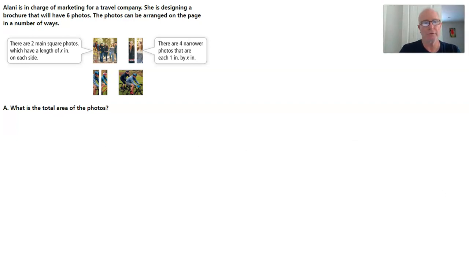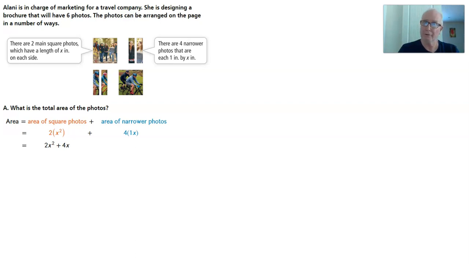Well, the total area is going to be the area of the square photos plus the area of the narrow photos. So the area of each square photo is x by x, or x squared, and there's 2 of those. The area of each smaller photo is 1 by x, and there's 4 of those. So we have 2 times x squared plus 4 times 1x, which is 2x squared plus 4x.